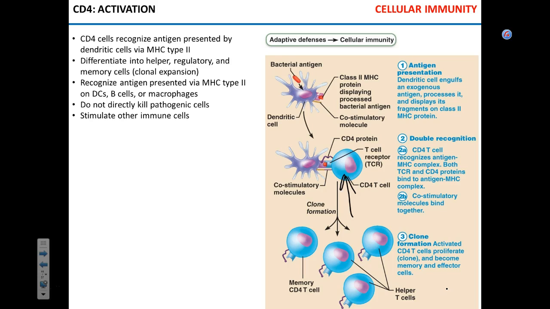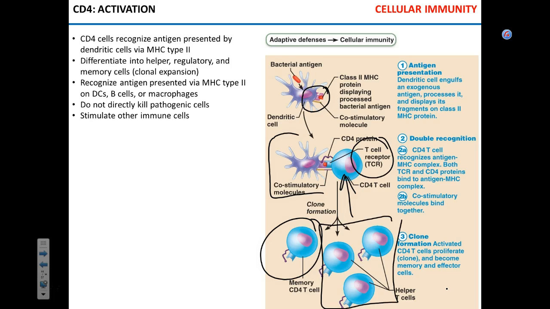shown here as the blue cell with a purple nucleus, okay, via the T cell receptor, recognizes MHC class 2 on the surface of antigen presenting cell, that sea urchin looking like dendritic cell. And that leads to activation of CD4, formation of the pool of memory cells and pool of helper cells, right? This process, the differentiation and proliferation, as we mentioned before, is called clonal expansion.